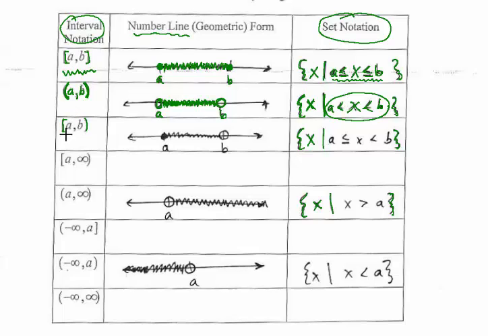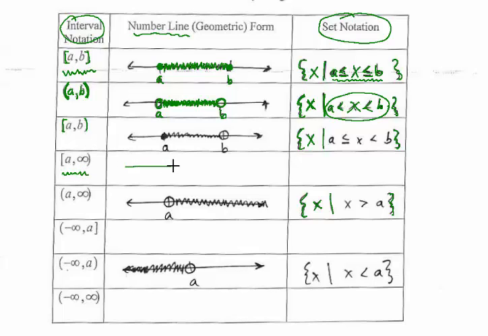Alright, so I'll go ahead and work a few other ones out. Make sure you copy down the ones that I did do. We'll look at this one that hasn't been worked yet. Bracket for A, and then it continues all the way out to infinity, positive infinity.